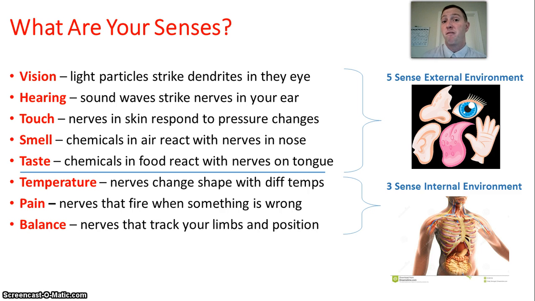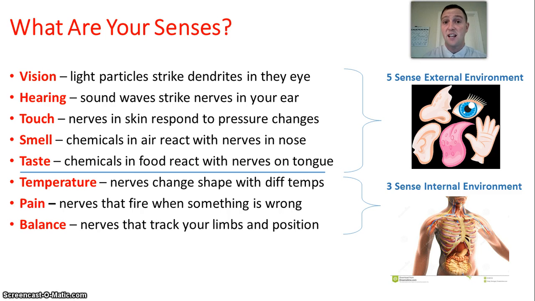Last, you have your sense of balance, okay? You have nerves that track where your hands and your legs and your toes and your body and your head are, even if you can't see, even if you can't hear. I can close my eyes and still know I'm twisting my head side to side. I can still know where my hand is, even though I can't see it, okay?